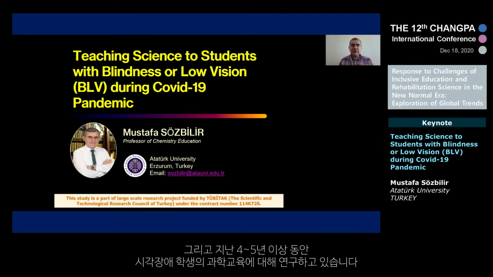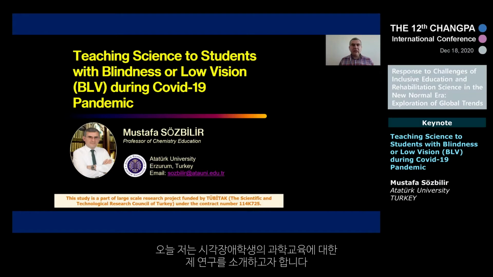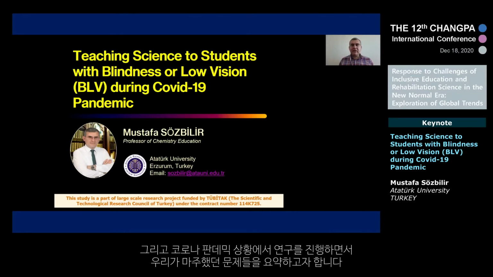I also have some collaboration with people around the world, including Professor Daniel Cha from Daegu University. So today I will talk about my research in teaching science to visually impaired students, and I would like to summarize some of the problems that we are facing during the COVID-19 pandemic.